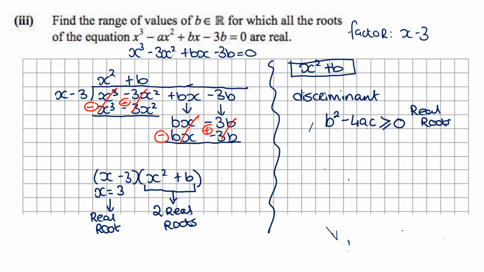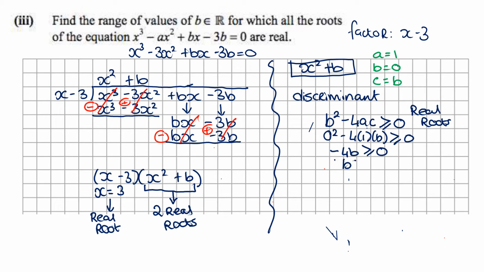So working with this quadratic, a is 1, b is 0, notice there's no x term, and c is actually b. So we end up with 0 squared minus 4 times 1 times b, greater than or equal to 0. So minus 4b is greater than or equal to 0.